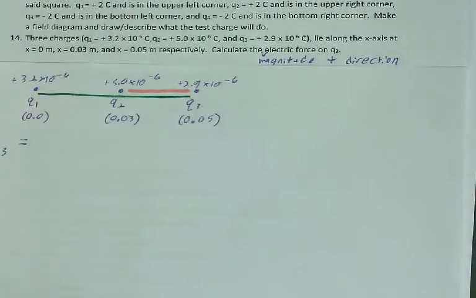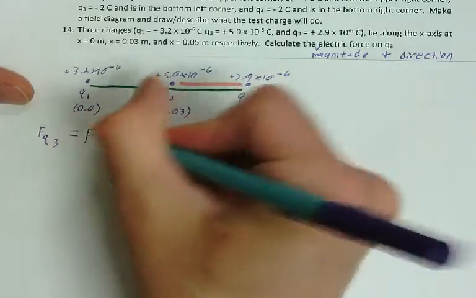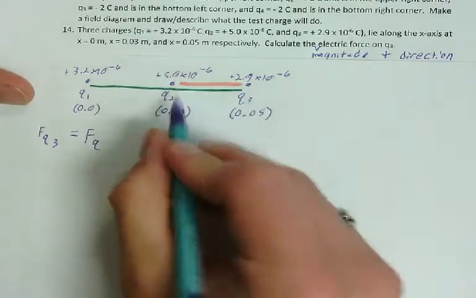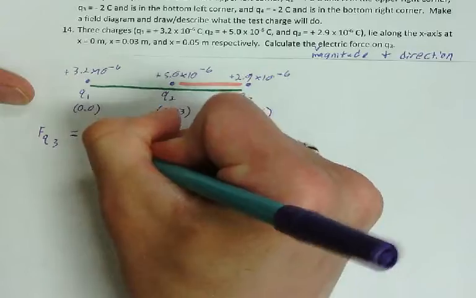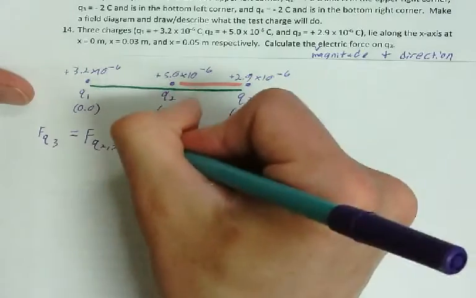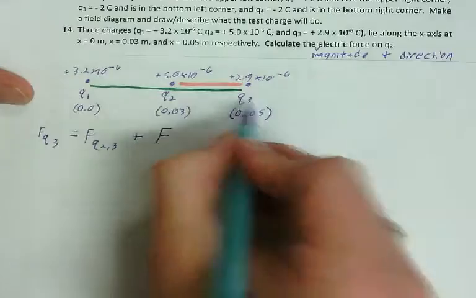Okay, so how do we add the forces on Q3? We find the two forces on Q3. The first force is the force between 2 and 3, and we add that to the second force, the force between 1 and 3.